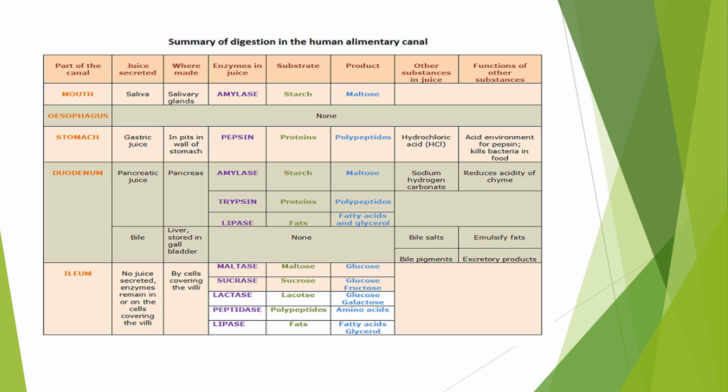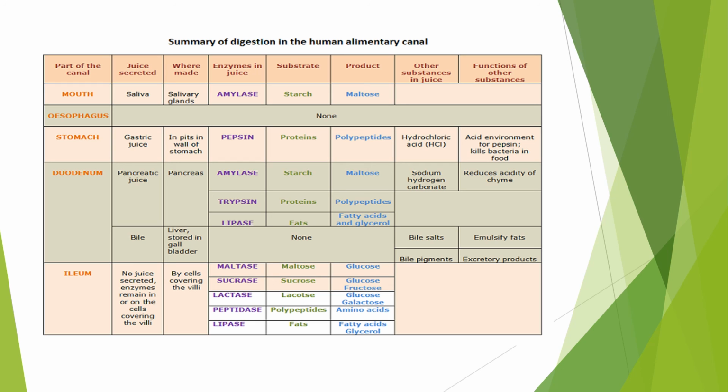Lipase acts on fats to break them into fatty acids and cholesterol. Sodium hydrogen carbonate is also present in pancreatic juice, which reduces acidity of chyme. Chyme is the food which is present in the small intestine. After the stomach, it goes into the small intestine, and then it is not food, it is chyme.